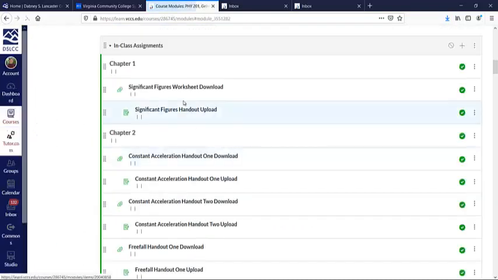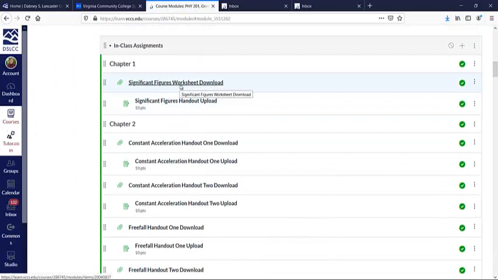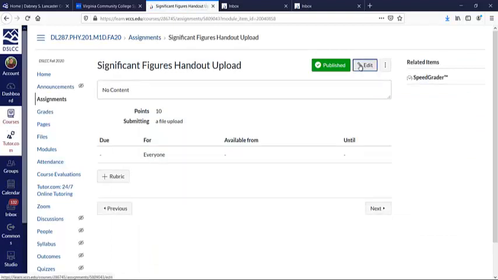So go ahead, you can download this to your computer and then put your answers on a separate sheet of paper. You can print it out and then you're going to upload it to this, and I'm going to put a due date on it of Friday. So make sure you have this done.